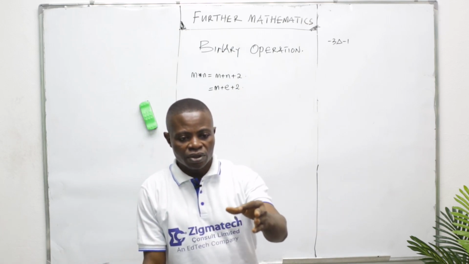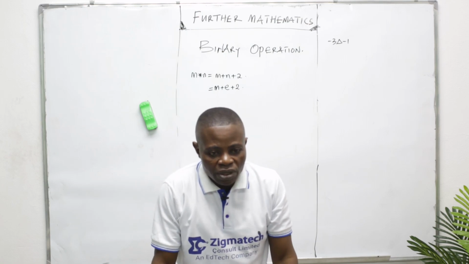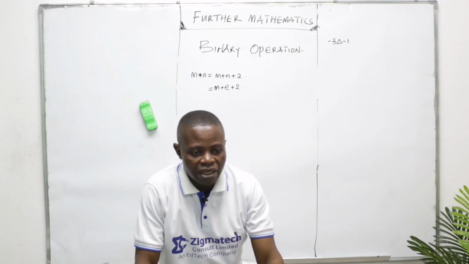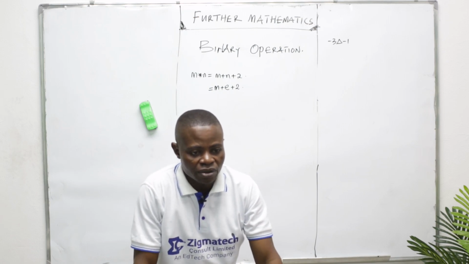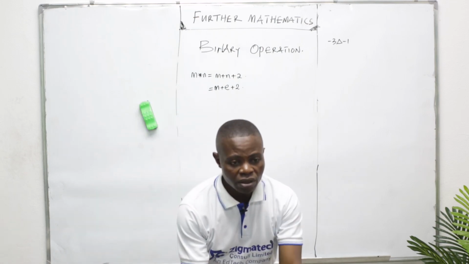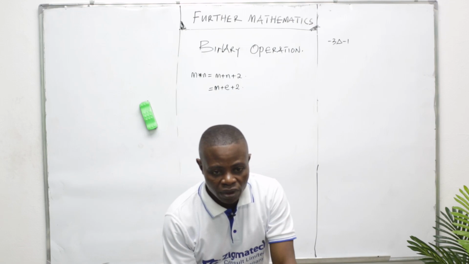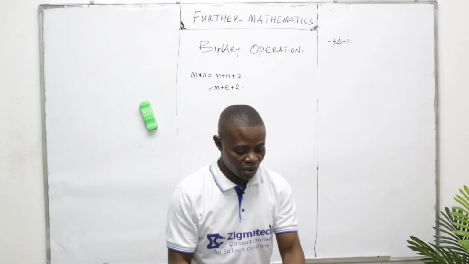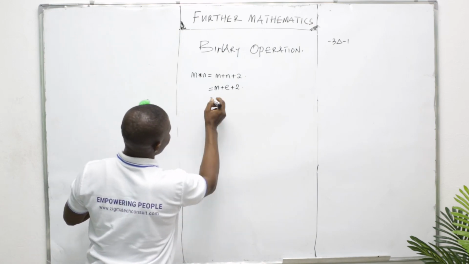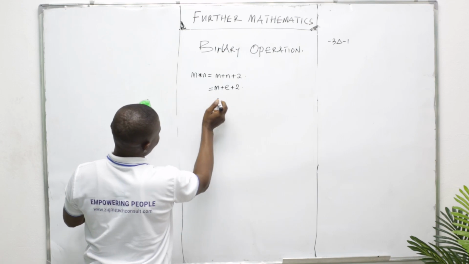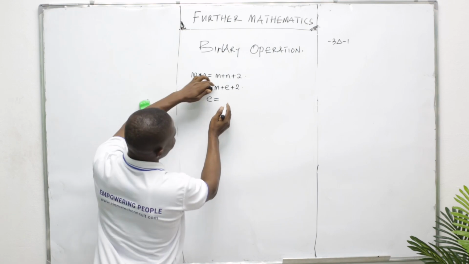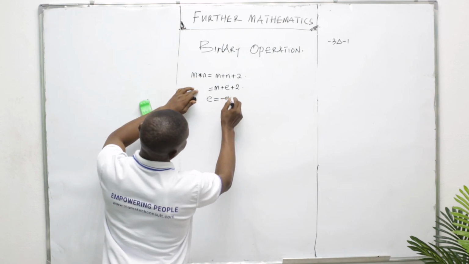Now, the operation M operating on N is what? M plus N plus 2. We are trying to get the inverse of this operation. Let's say identity element was not given here. Okay. If that should be the case, identity element is supposed to be here, but if that is the case, let's say that E equals, transferring this here, minus M minus 2.